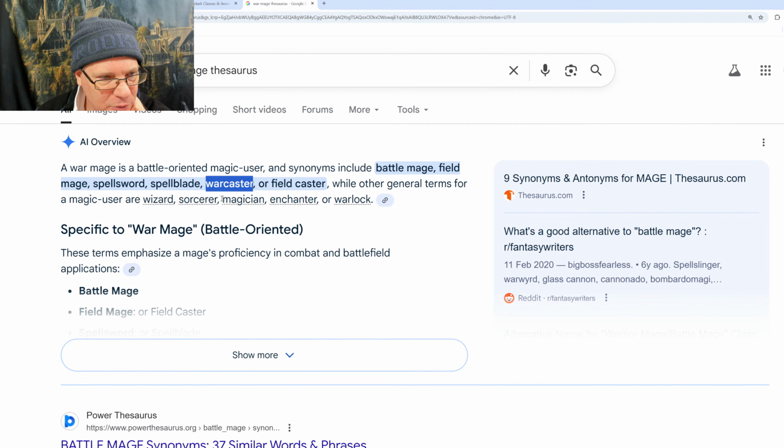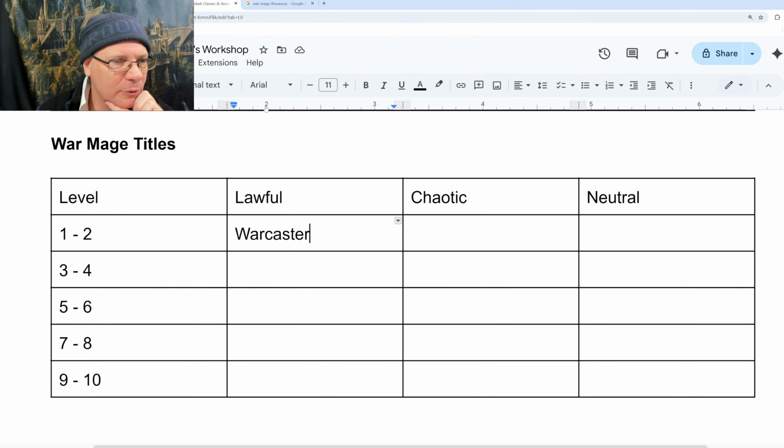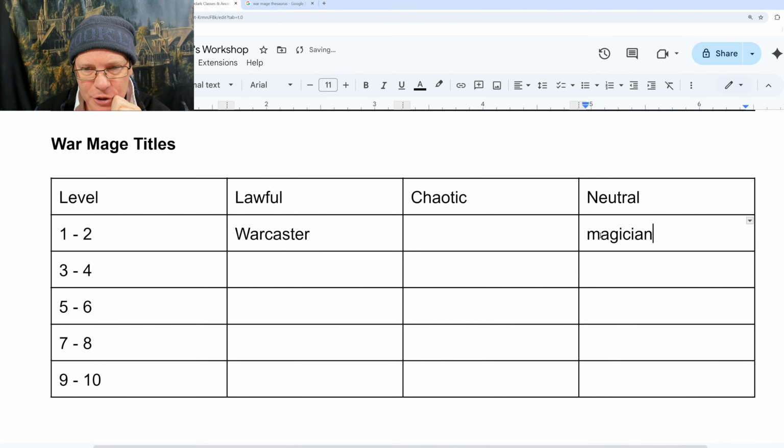Magician feels much more like, well, it hasn't been used as far as I can tell. I think the only problem is Magician may be something I've used in other classes that I've built in the past. But we'll go with Magician and paste it. Magician. Okay, so we've got those.